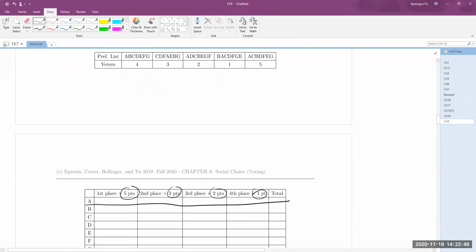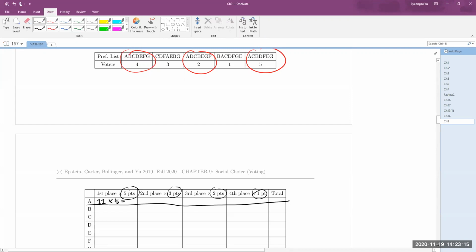Okay. Then in this case, there are three preference lists, the first one, third one, and fifth one, who think that A is the first place, right? And there are 4 plus 2 plus 5, which is 11 voters who think that A is in the first place.